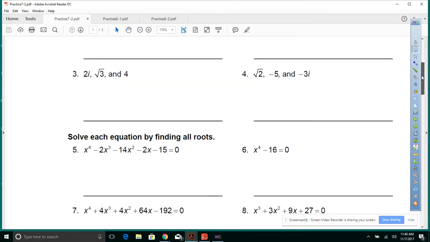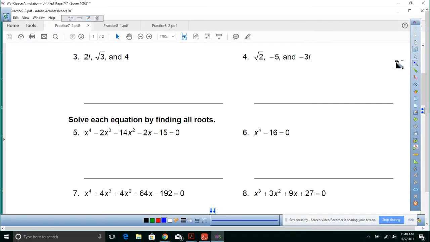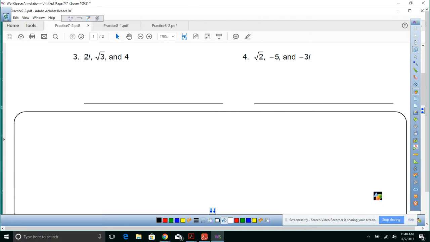And let's roll it up a little bit. You've got 2i, the square root of 3, and 4. Remember, that's going to be a little bit different, because 2i comes in pairs and the square root of 3 comes in pairs.